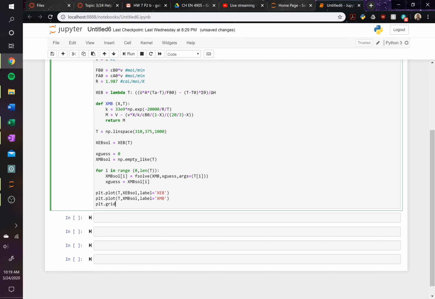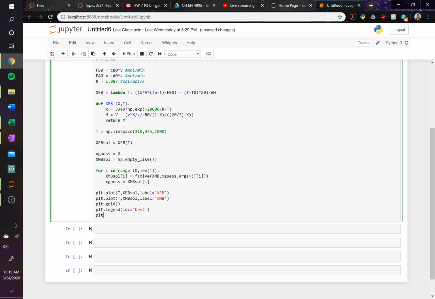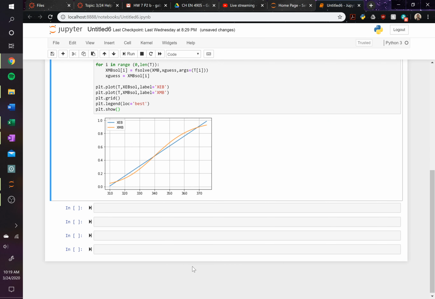Let's do a legend. Oh, good. Actually solved for the mass balance differently this time, and it still worked out.